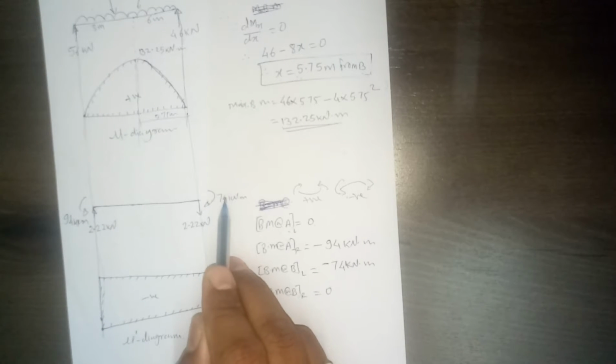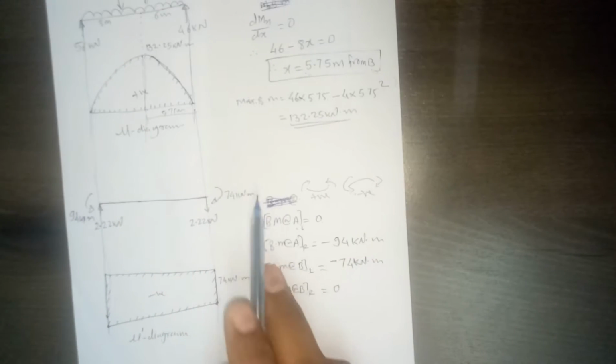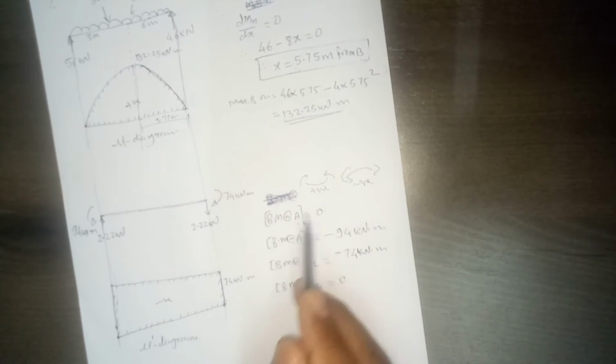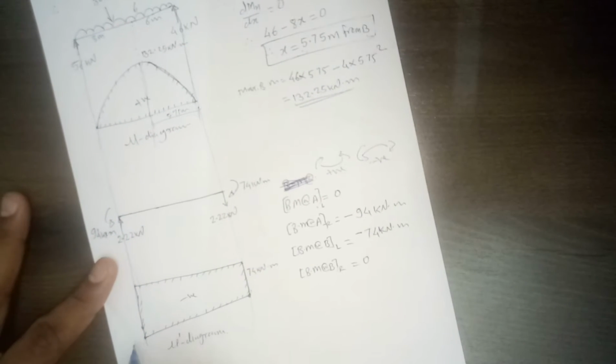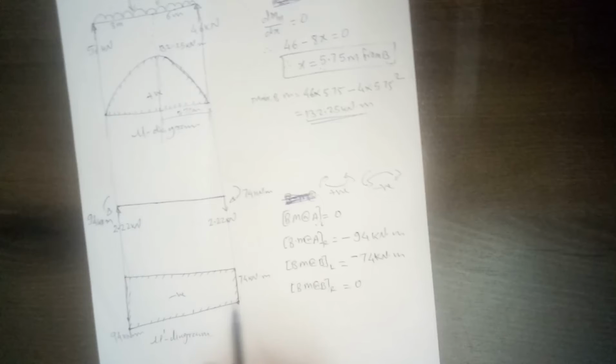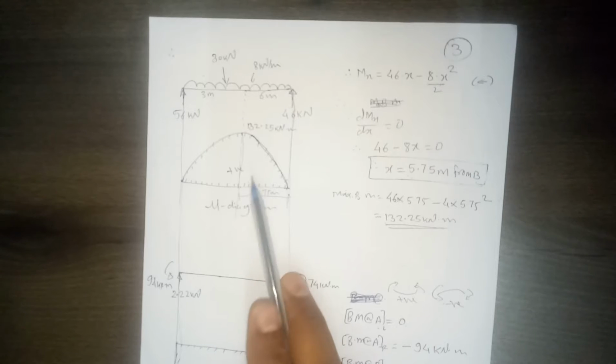And if you cross this point, then further on there is no moment or load, so the moment will be 0. So you should start from 0, and this is 94 kilonewton meter, and this is 74 kilonewton meter. But understand, this is negative moment, this is positive moment.